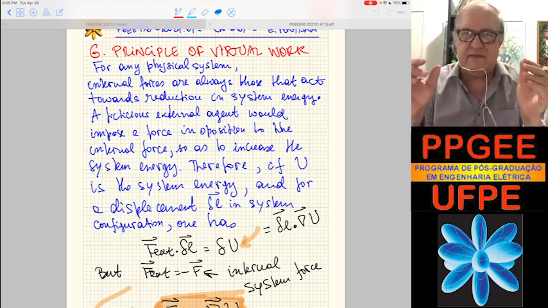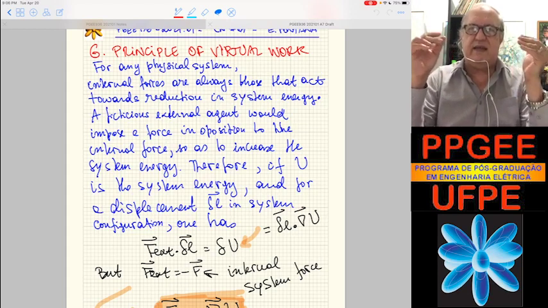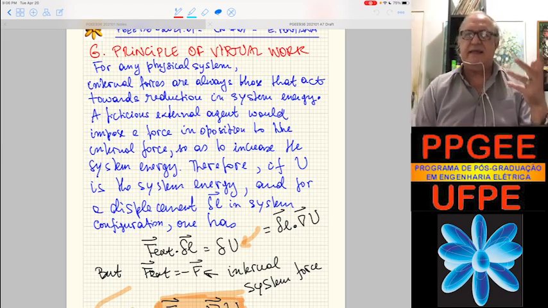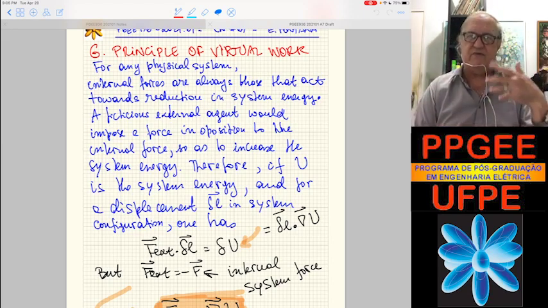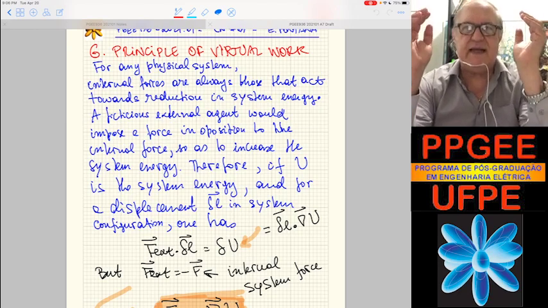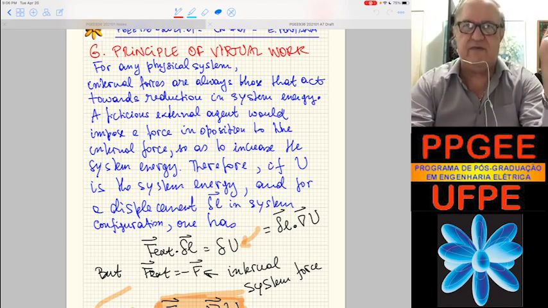But the tendency of the system is always to move to a new energy state which is smaller than the previous one. So any system tends to be configured so that the energy is minimum, right? The smallest value possible. So when you have two positive charges, they want to repel, they want to move away from each other.